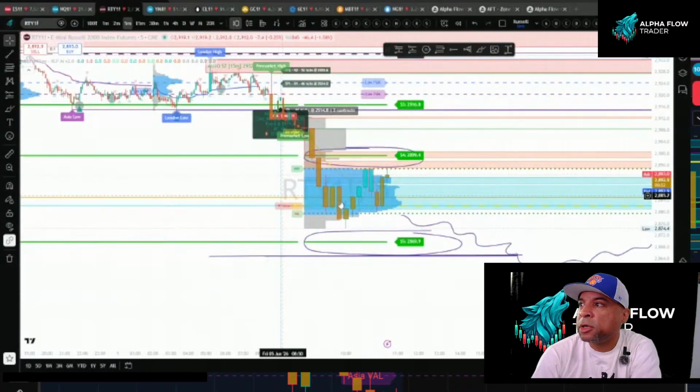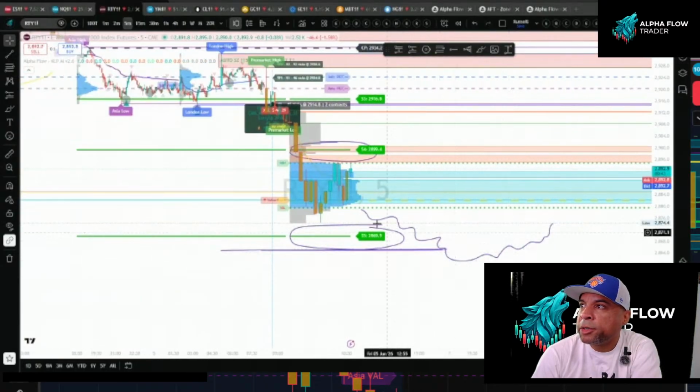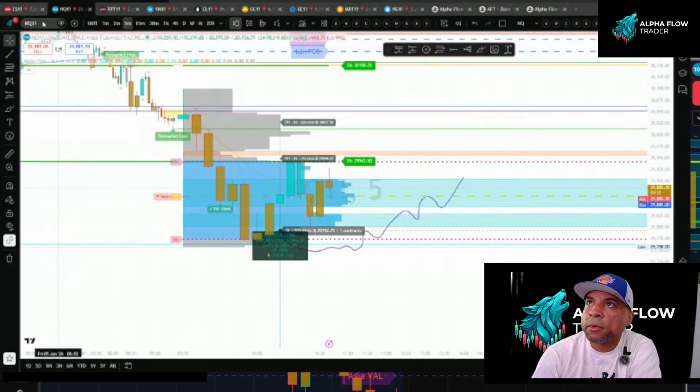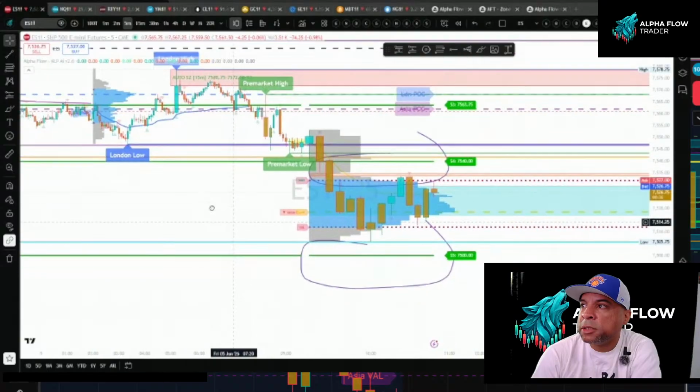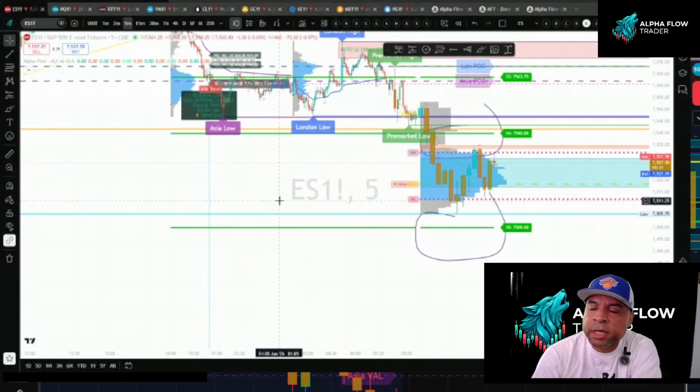Russell, like I said, would have to come down and do exactly as I marked out here. Come through these S5, take out these lows and continue higher for me to even think about taking Russell. And same for ES.